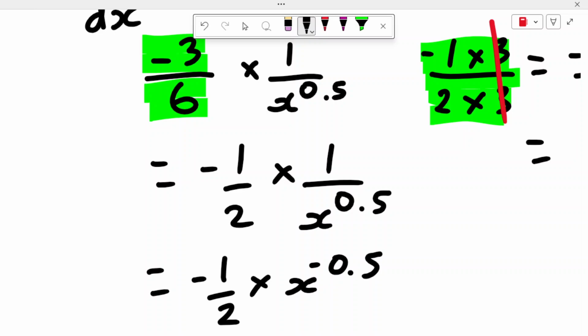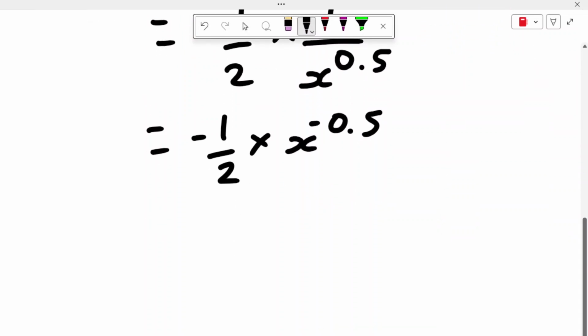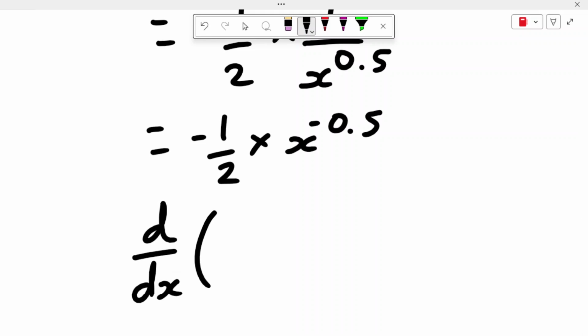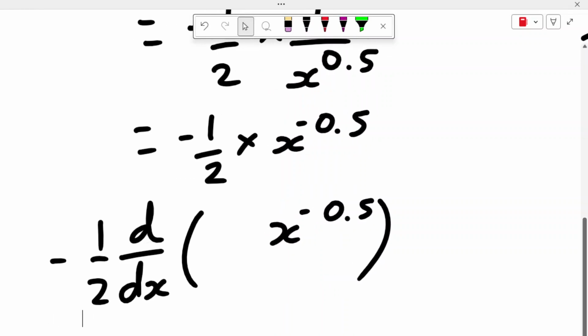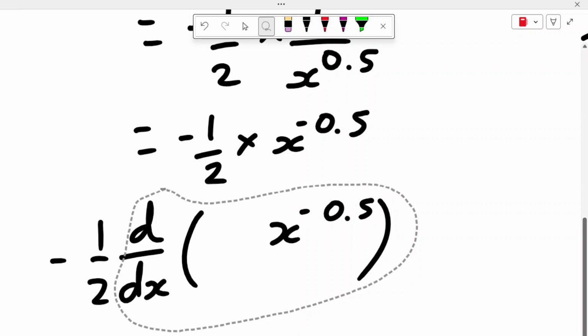So now this is the step where we actually have to differentiate. So we're up to this step. We need to differentiate -1/2 x to the -0.5. If you want to get funky, you can move the coefficient out the front, and in your head, just differentiate all of this.